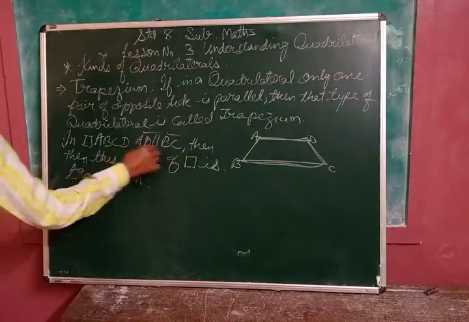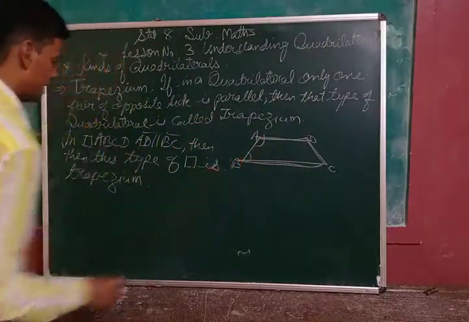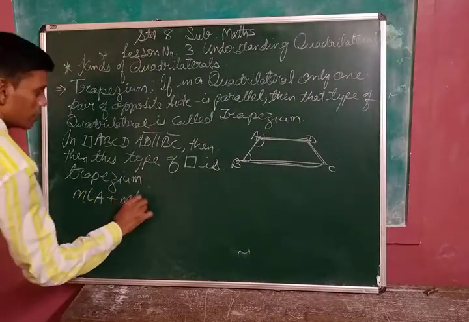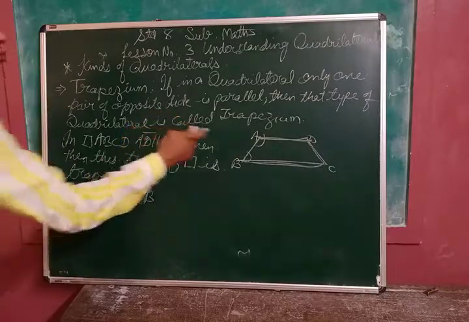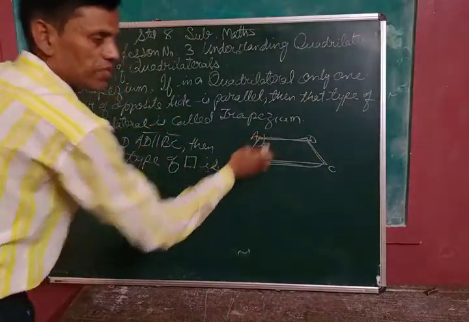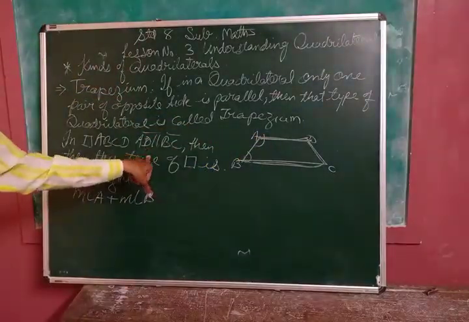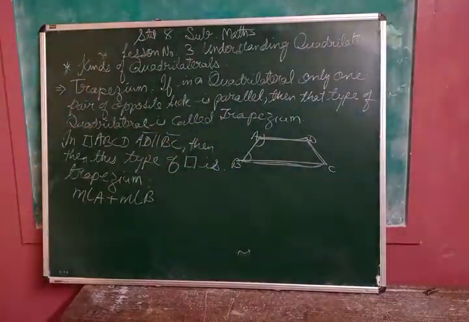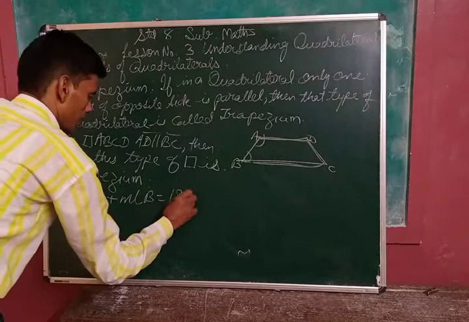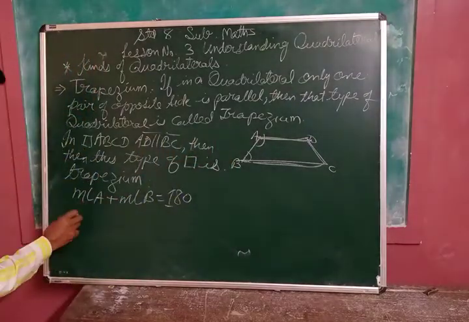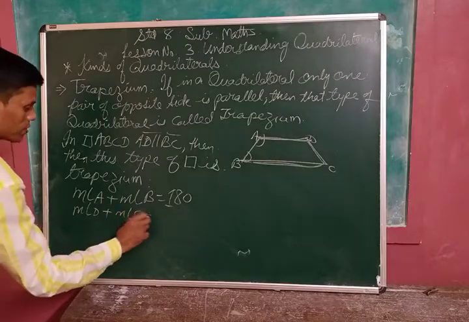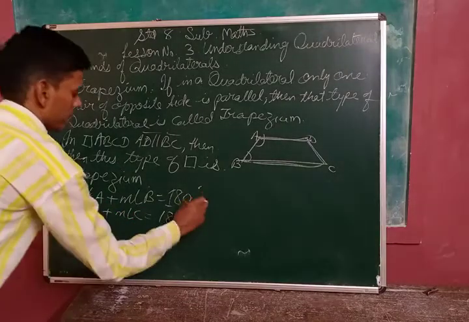Okay, now we know that the sum of the measure of all angles of a quadrilateral is 360. But here, measure angle A plus measure angle B, A and B, looking at this figure and according to this condition, AD is parallel to BC, then A plus B is equal to 180. Measure angle B plus measure angle C is 180.